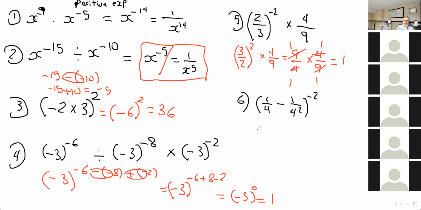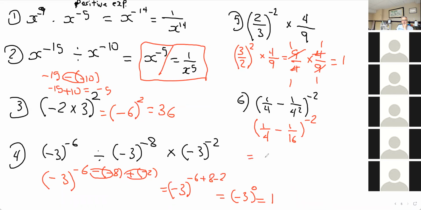Number 6. We really have to work out what's inside those brackets first. We're not going to deal with the exponent yet. This is 1/4 minus 1/16, because 4 squared is 16.